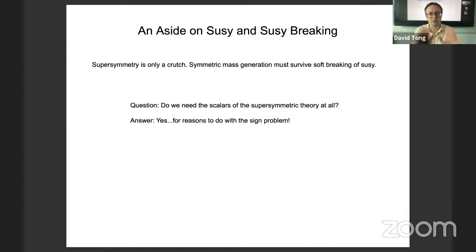So that's nice. So you don't definitely need supersymmetry. I told you where to head. But if you're somewhere near the supersymmetric theory, symmetric mass generation must still occur. Which leads you to the question, how far can you move from the supersymmetric theory and still get away with it, still have this phenomenon happen?